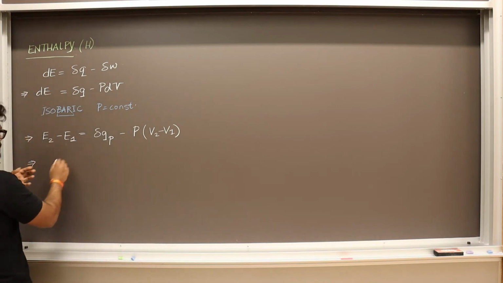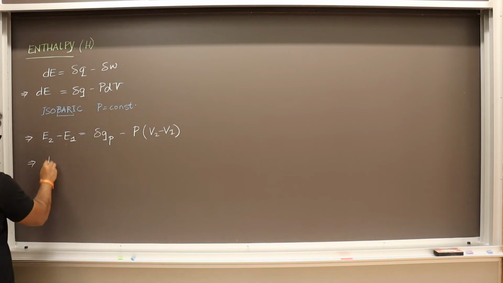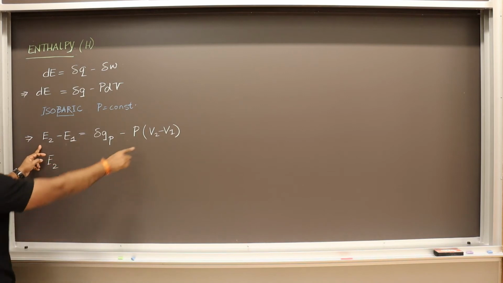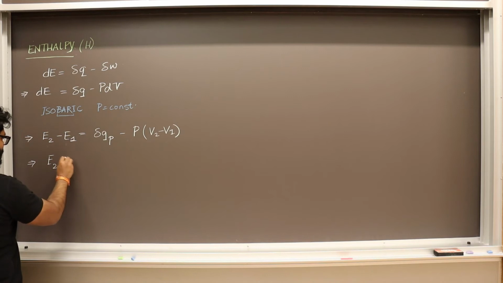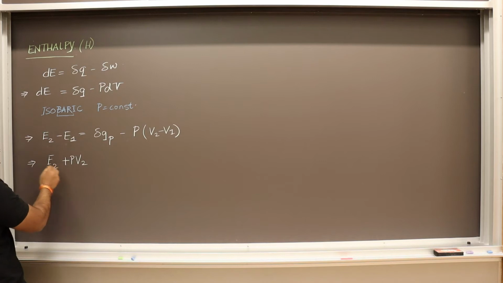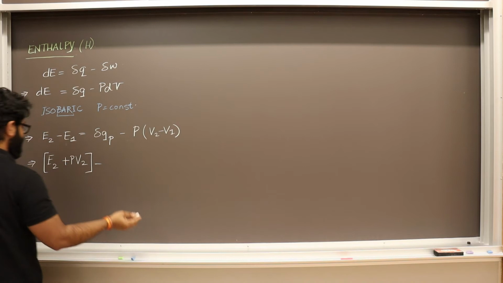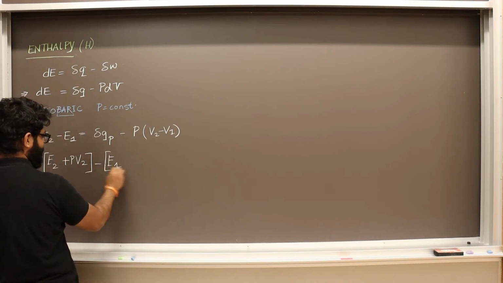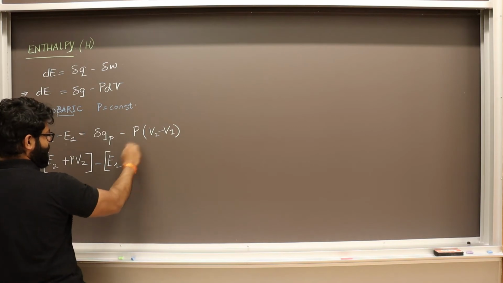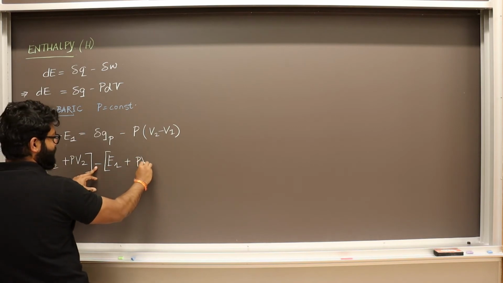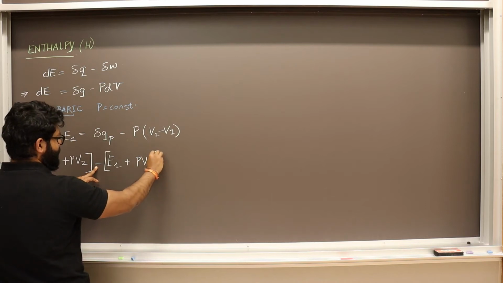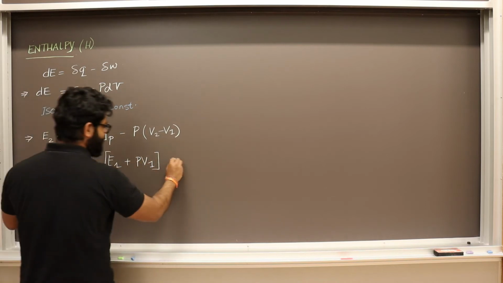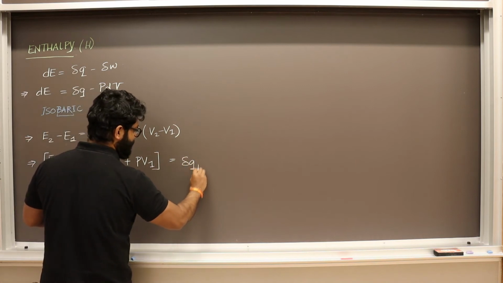So let's rearrange this: I get E2 here and bring that PV2 here, so this becomes E2 plus PV2, and I bring the minus 1 and take the common factor, so I get minus E1 plus PV1, and this equals del QP.